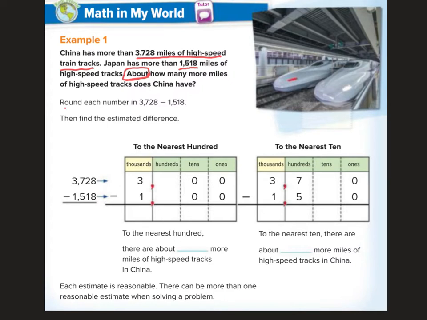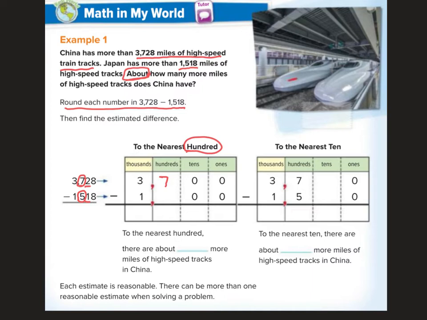So what we're going to do is round each number in 3,728 minus 1,518. Then we're going to find the estimated difference. Okay, so first to the nearest 100. If I circle the 7 and underline the 2, the 2 tells my 7 to stay the same, 3,700. Okay, circle the digit in the hundreds place, underline the 1.